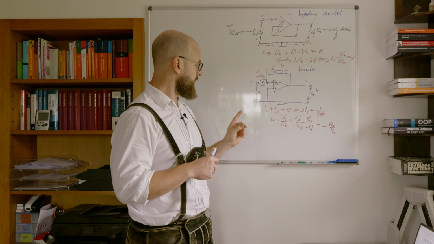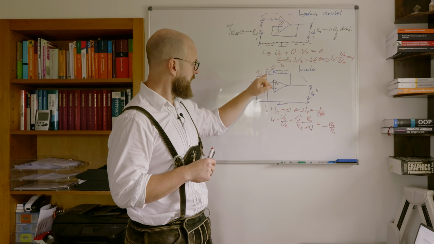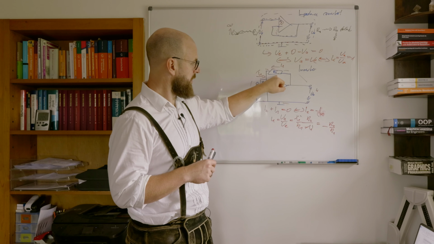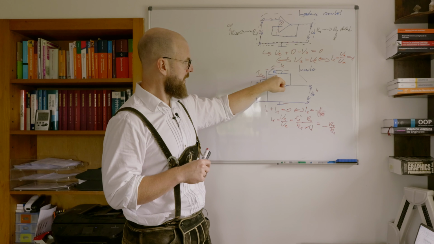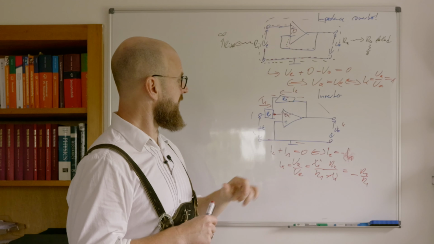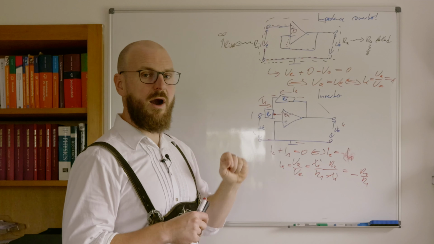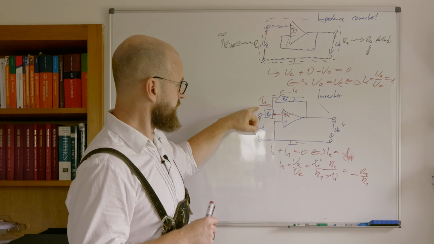Having said so, we denote one more thing, looking at R2. No matter how large R2 is, the current flowing through R2 has to be the same current as I1.